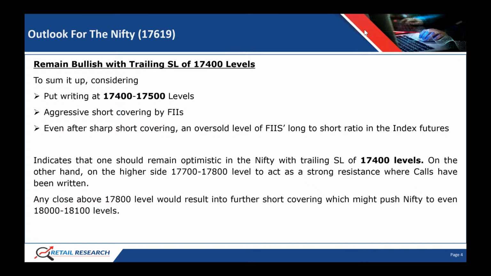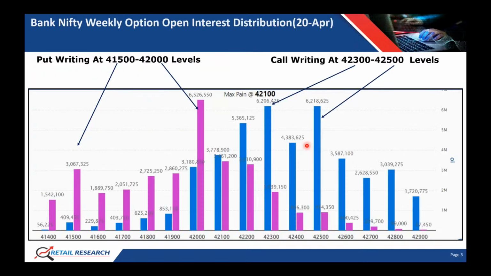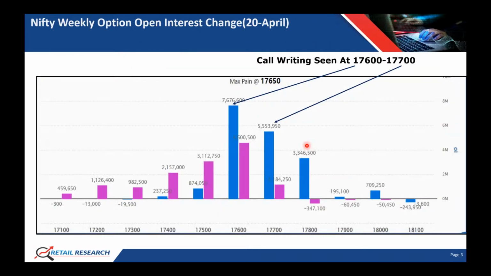Mr. Anant is asking what exactly is the maximum point of pain in options? Could you explain in layman language? Yeah, so here we have shown a chart where maximum pain is where the option buyers will lose the maximum amount of money.